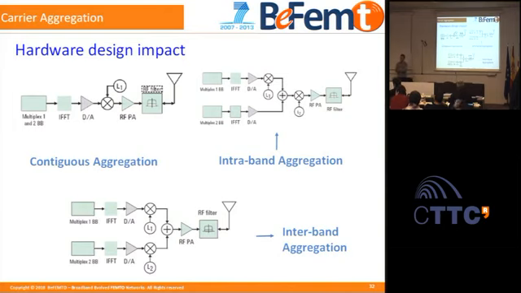I see in this interband case you are still sharing the RF power amplifier. Yes, if the power amplifier can handle the different bands, you can employ it, but if not, you have to employ different chains, different power amplifiers, and the same for the receiver.